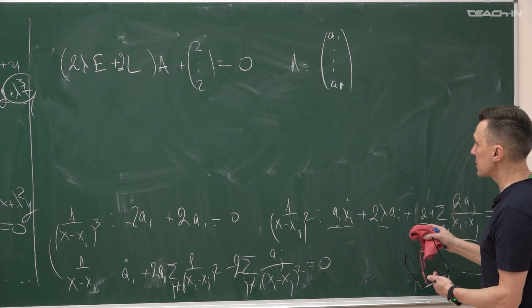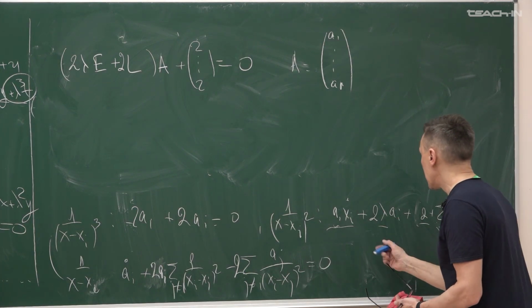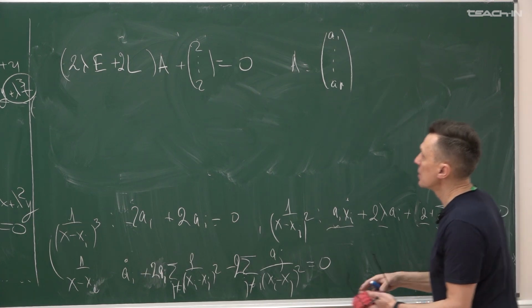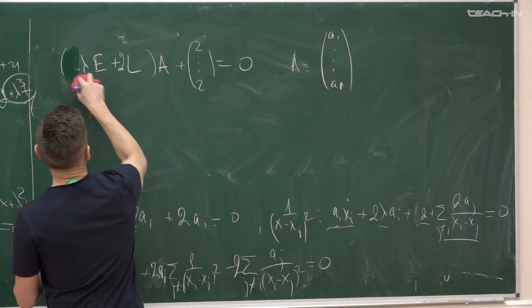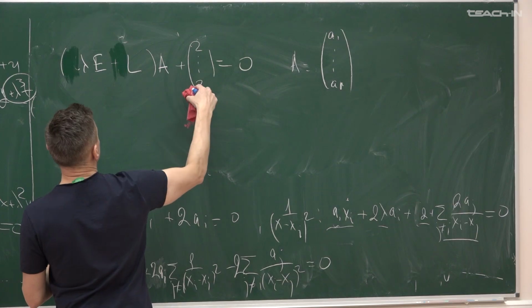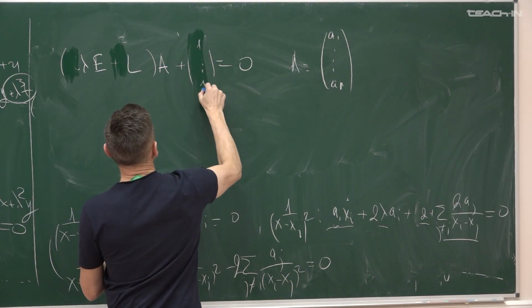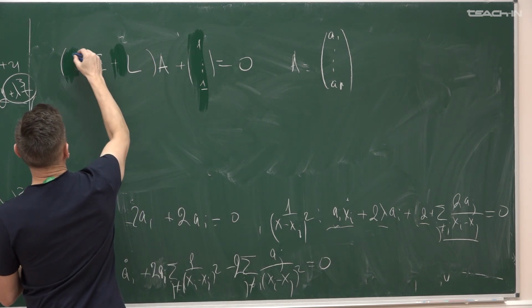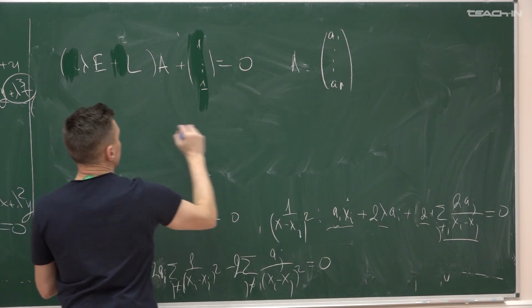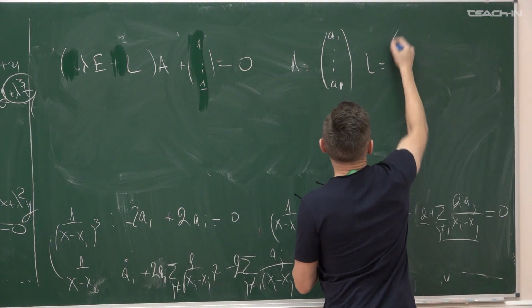So if I divide all of this by 2, just L, and L here is such a matrix.